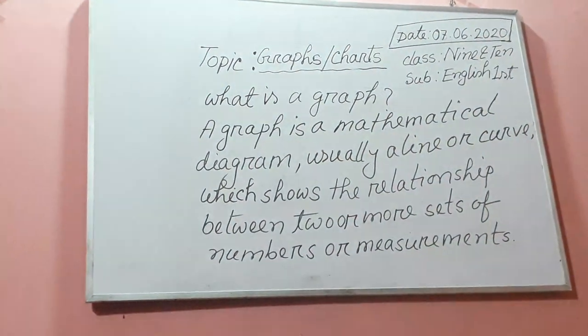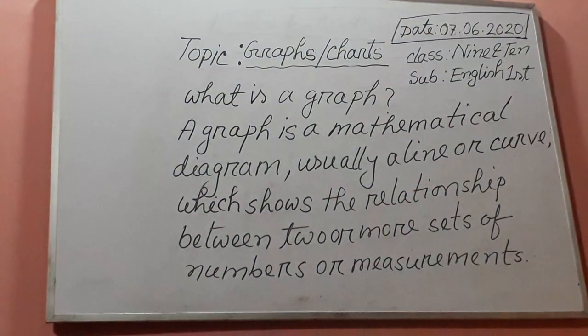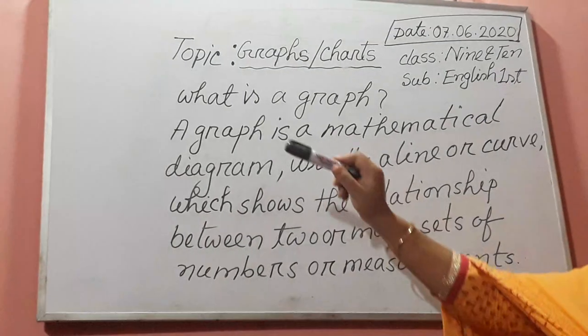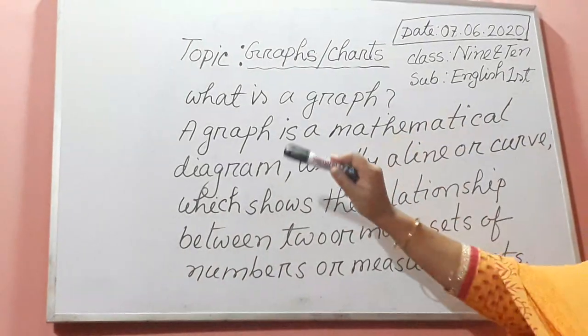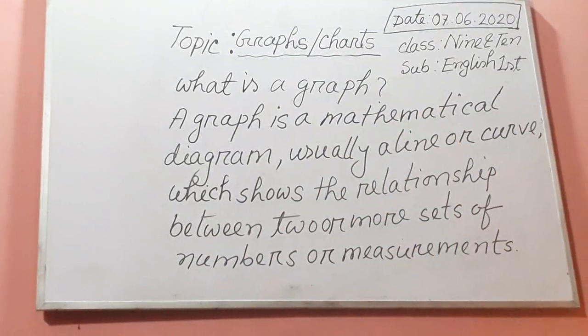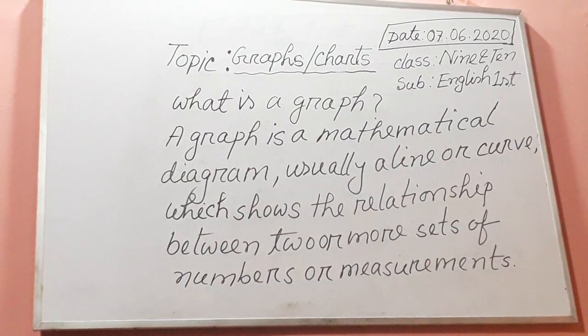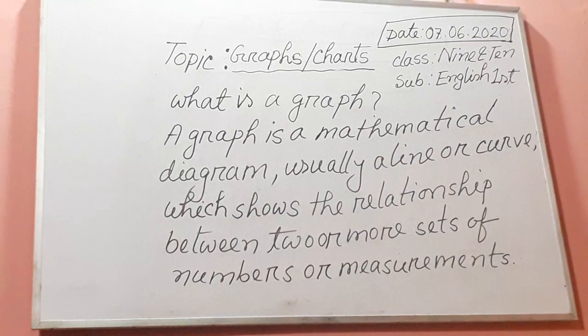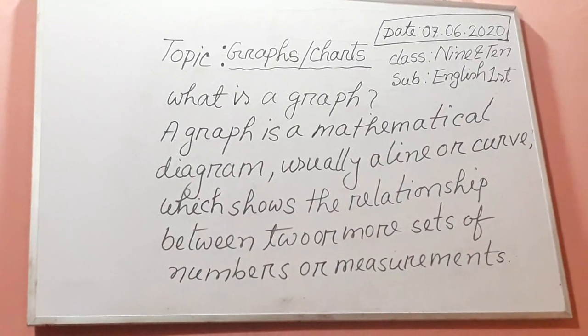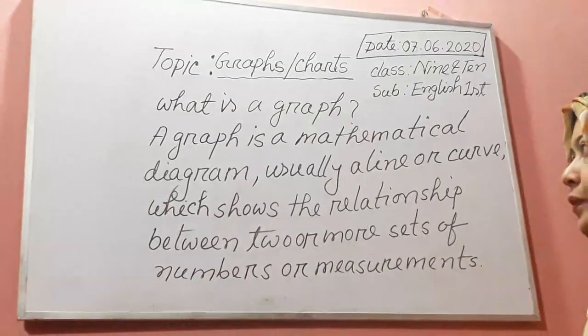Okay dear, to make it more clear, I will read it again. What is a graph? A graph is a mathematical diagram, usually a line or curve which shows the relationship between two or more sets of numbers or measurements.